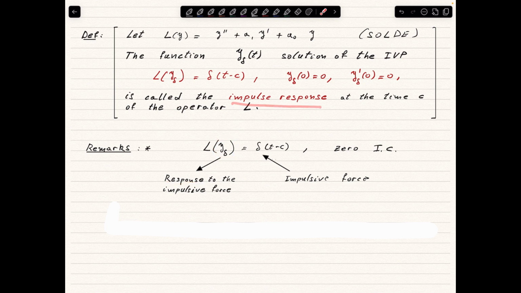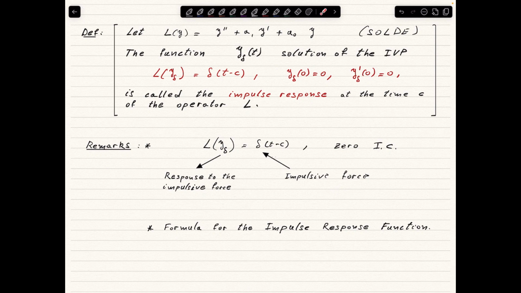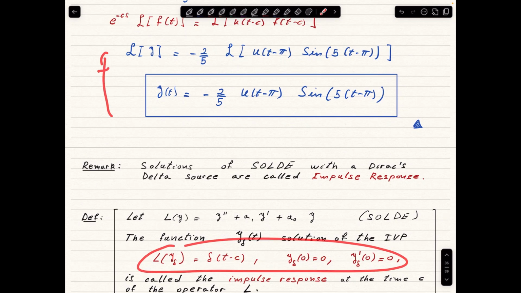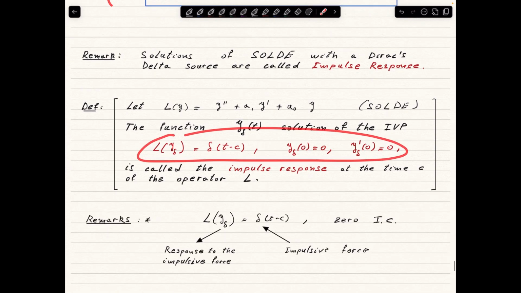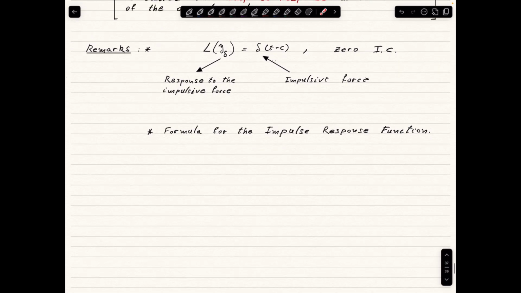impulse response solution. There is a formula for the impulse response, of course, because we can solve this problem in the same way we solved the previous problem. Recall the previous problem. We can also solve this problem when the right-hand side is simply Dirac delta. And how do we do it? In the same way we did it before.